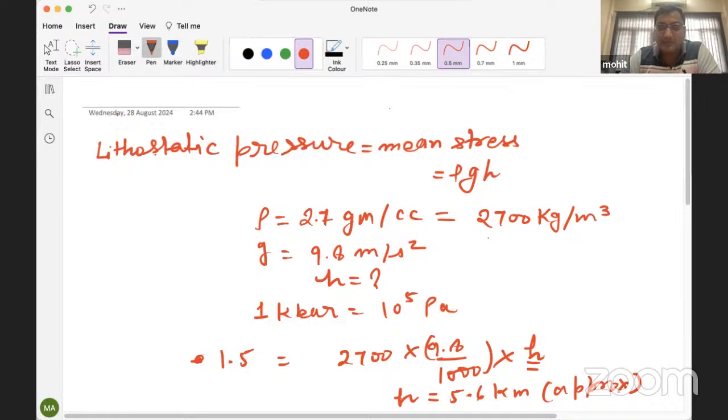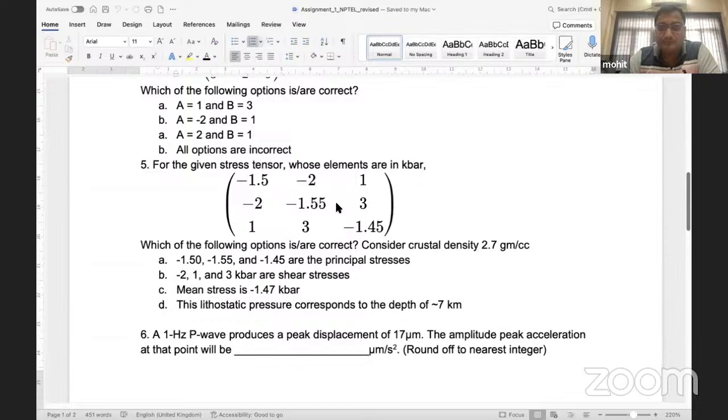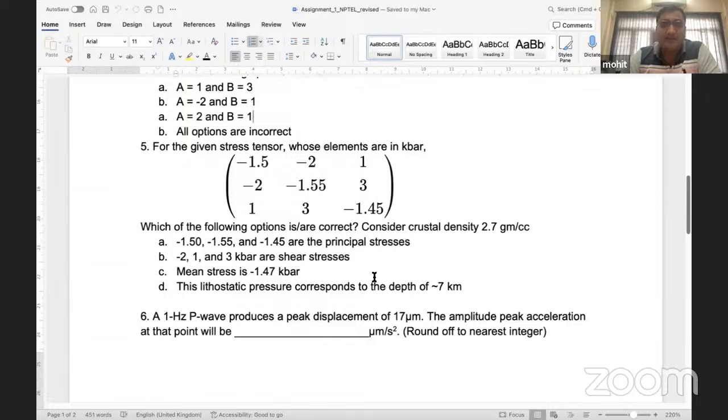Answer D says that the mean stress corresponds to a depth of 7 kilometers. But our calculation says it should be at a depth of 5.6 kilometers. So option D is incorrect. So the only option that is correct is option B.